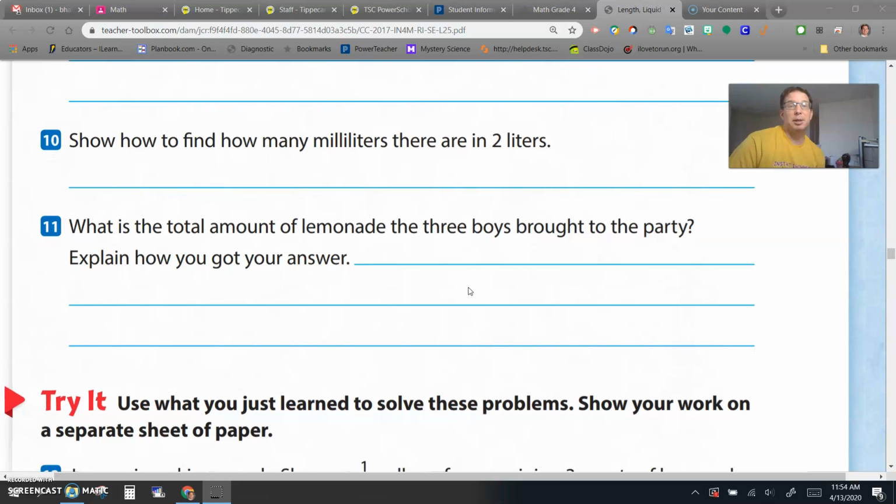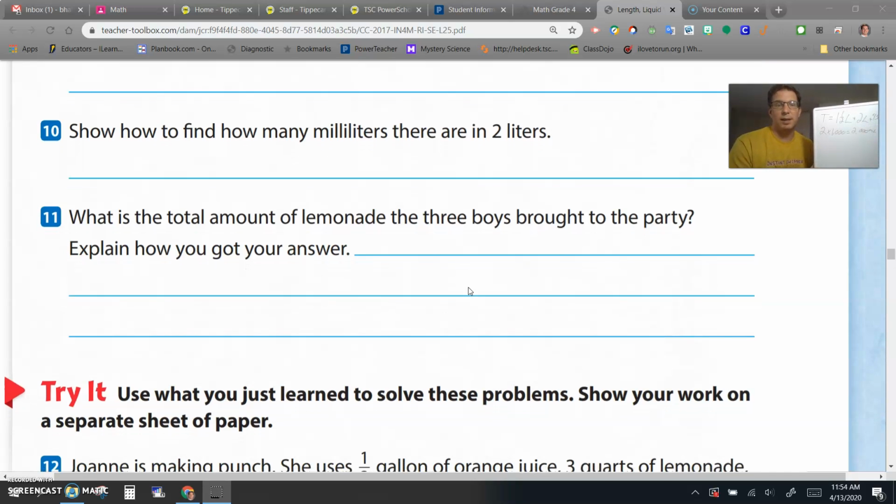Show how to find how many milliliters are in 2 liters. 1,000 milliliters are in 1. So you take 2 times 1,000 to get 2,000 milliliters. Okay, that's what you should write down in number 10.